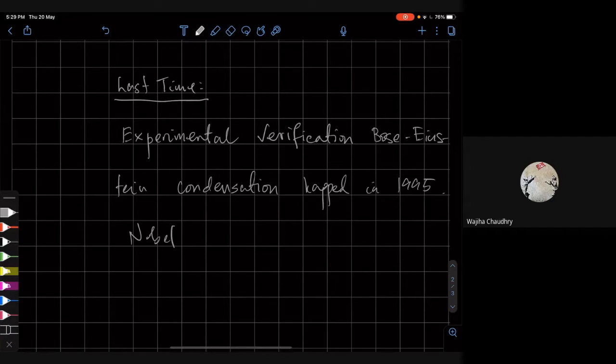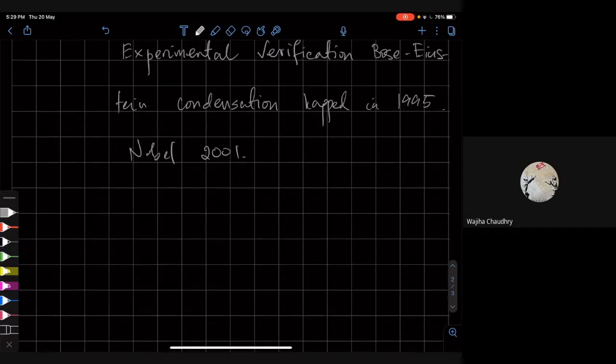for that in 2001. And what these groups essentially did is that they took some atoms which were bosons, and they were rubidium or sodium, and what was the other thing? Lithium.